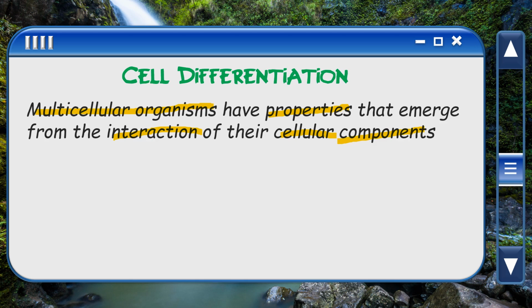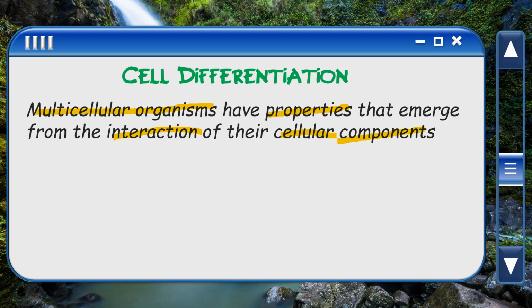We have seen that a multicellular organism is made up of very many cells coming together to form a tissue. Many tissues come together to form an organ, many organs come together to form a system, and we form our multicellular organism.